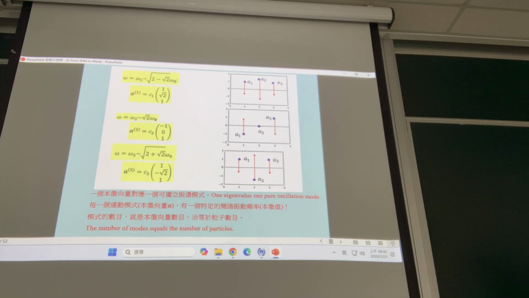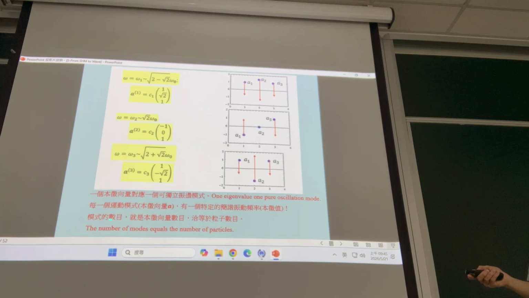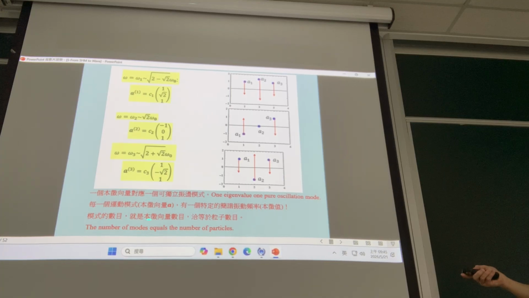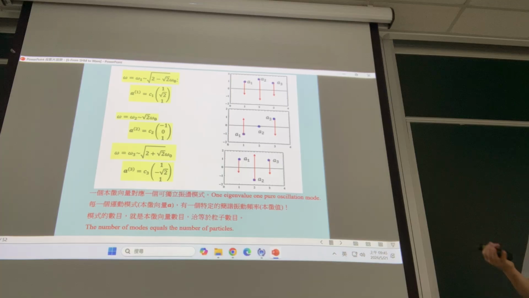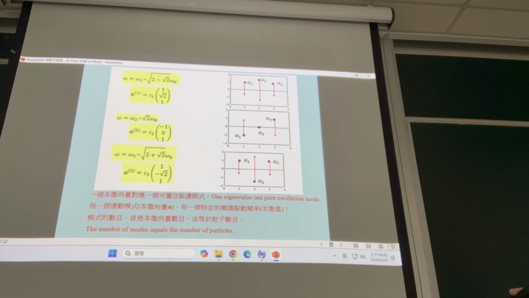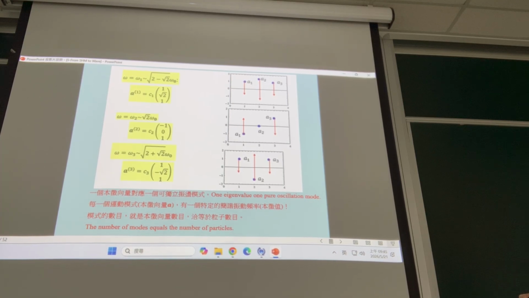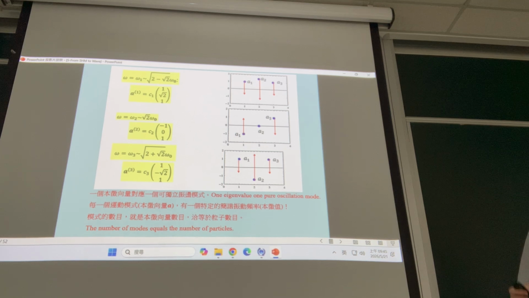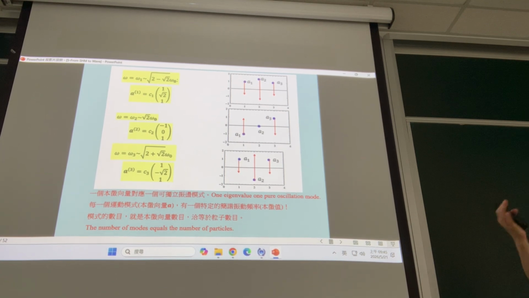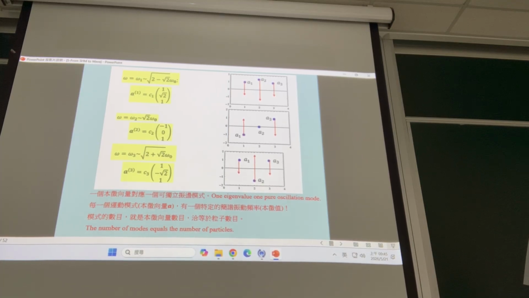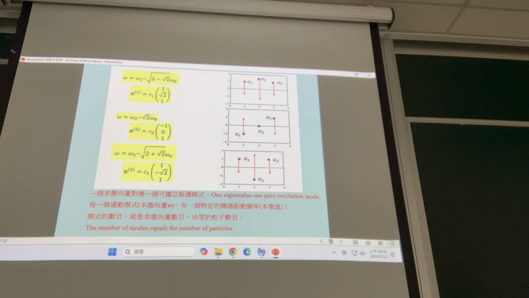The number of modes, in this case 3, corresponds to the number of particles. The correspondence is clear because it's a 3 by 3 matrix. If there are 3 particles, the matrix will be 3 by 3, and a 3 by 3 matrix will have 3 eigenvalues, because the characteristic equation has 3 solutions.